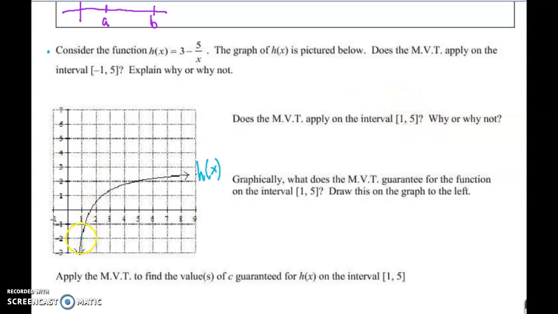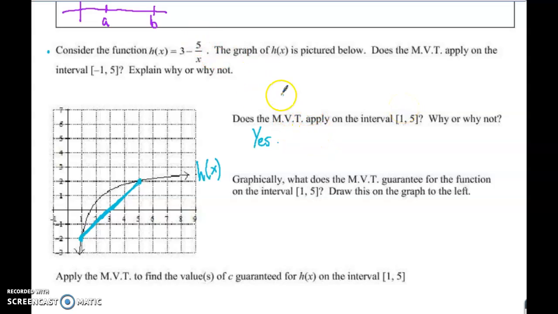Well, you can even tell from x equals 1, looks like that's negative 2, to x equals 5, that for sure everything is defined on that interval. So does the mean value theorem apply? Yes.